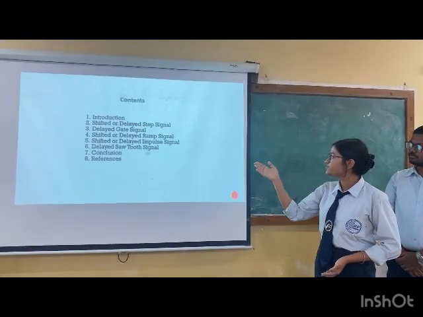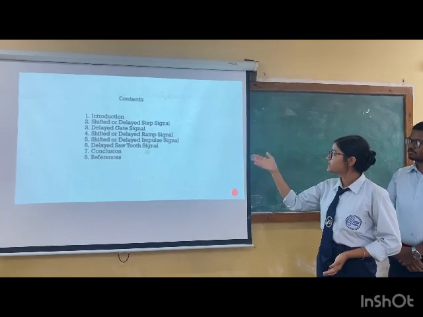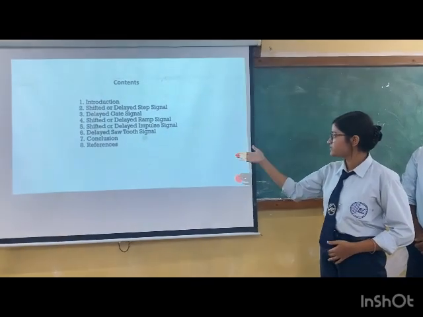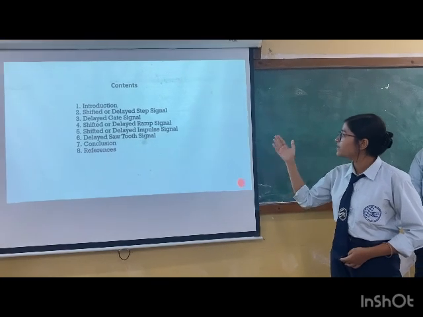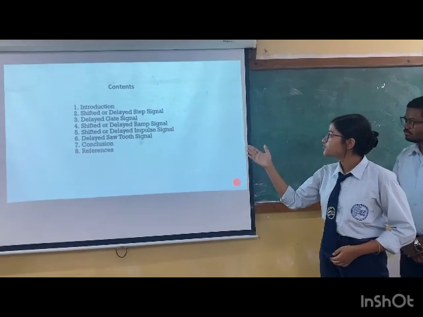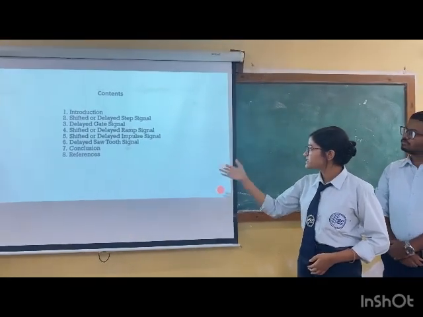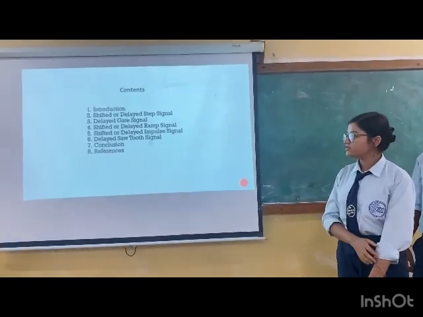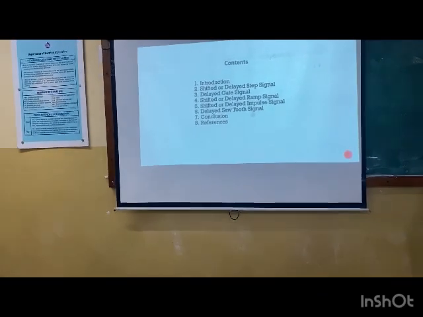First we have the shifted or delayed step signal. Second, the delayed gate signal. Then we have the shifted or delayed ramp signal. Fifth, the shifted or delayed impulse signal. Sixth is the delayed stopping signal. So five signals you will explain, right? Okay, go to the next slide.